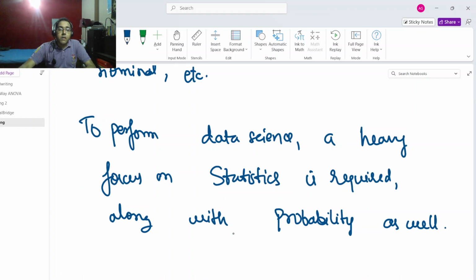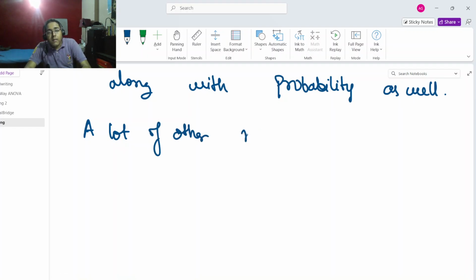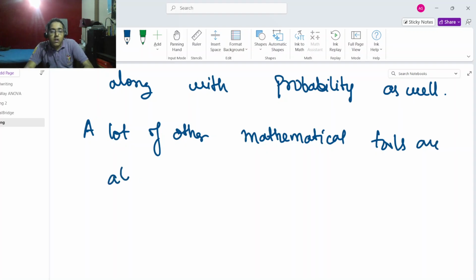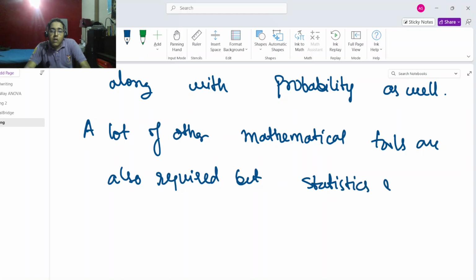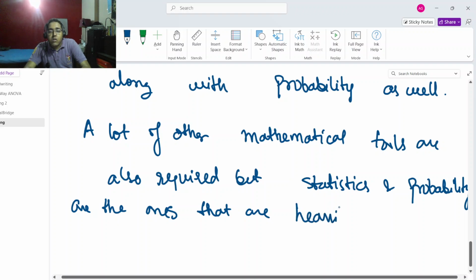Using the methods of statistics and probability, a lot of other mathematical tools are also required, but statistics and probability are the ones that are heavily focused on.